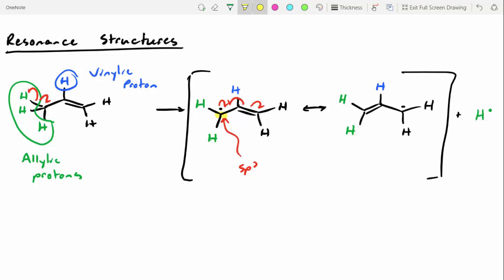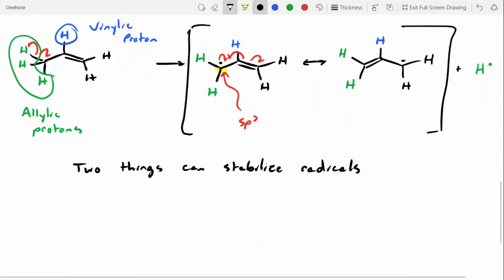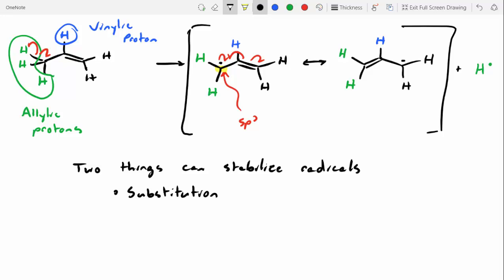So there are two important things that stabilize radicals. The first one was substitution. Just like we talked about with carbocations, tertiary is better than secondary, and that's better than primary.